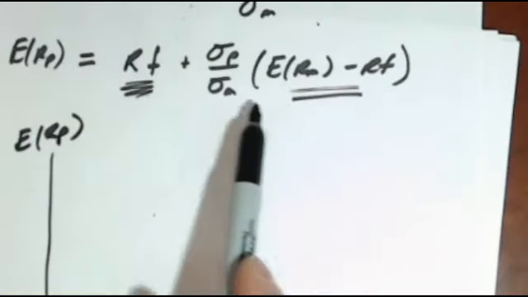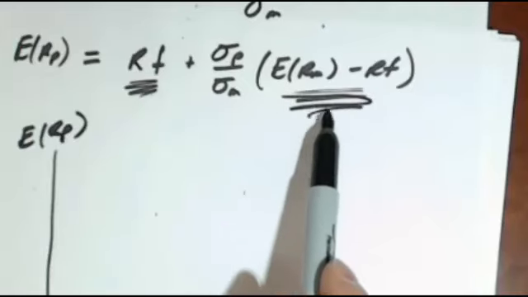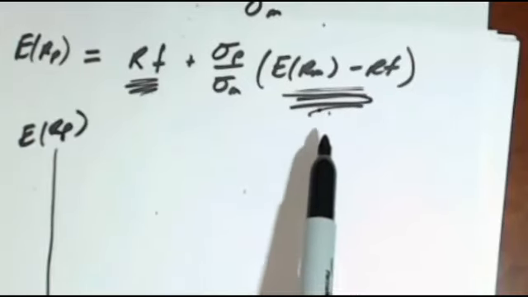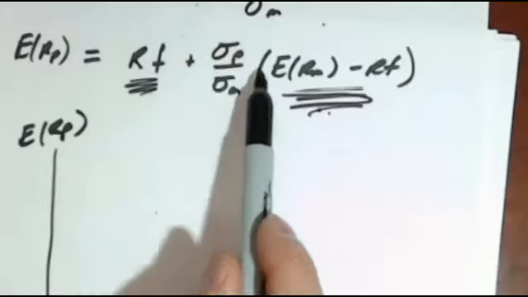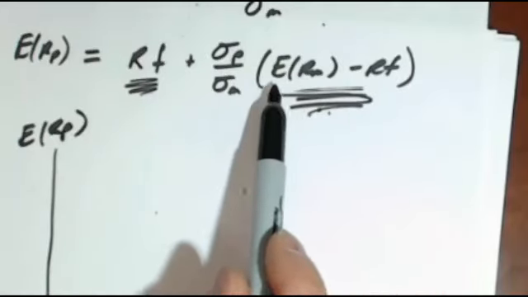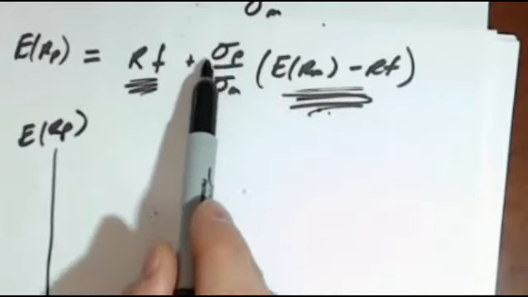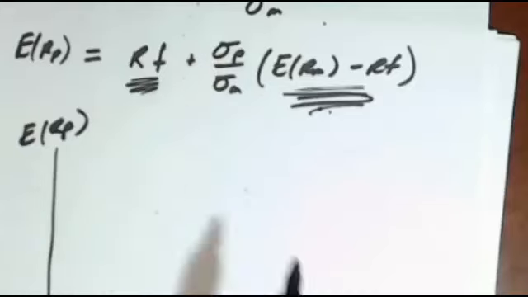This is a line where here's the intercept. Here is the slope right here in the brackets. Most people are used to seeing the slope. They think that this is the slope, but this is the slope, and this slope is constant because it applies to every stock. And so this sigma P varies for each portfolio.